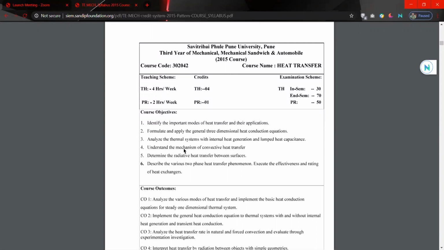The fourth objective is to understand the mechanism of convective heat transfer. The fifth objective is to determine the radiative heat transfer between the surfaces. The sixth objective describes the various two-phase heat transfer phenomena and the effectiveness and rating of the heat exchanger. These are the various objectives for this subject. According to that, the course objectives have been defined.